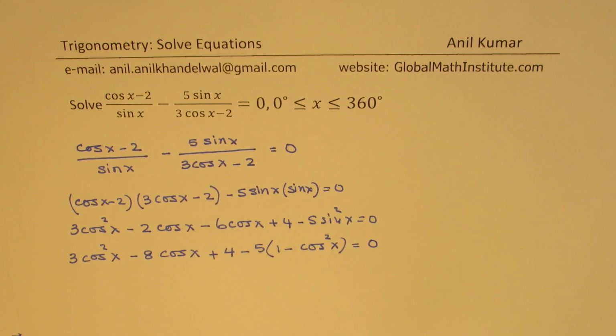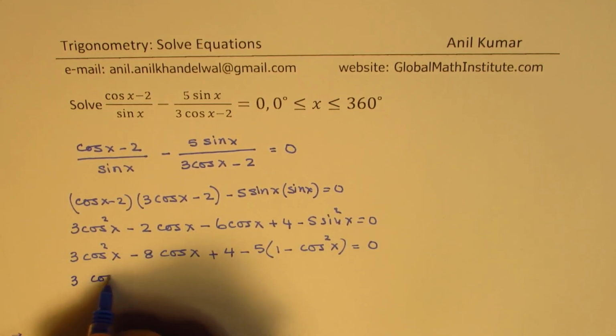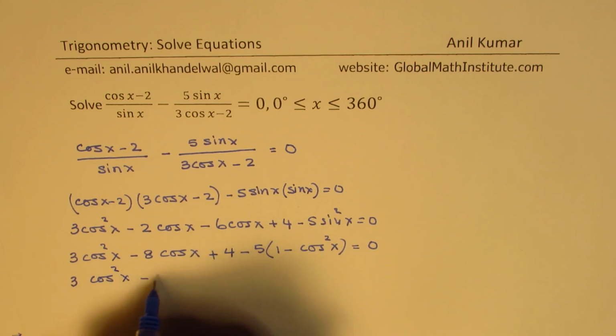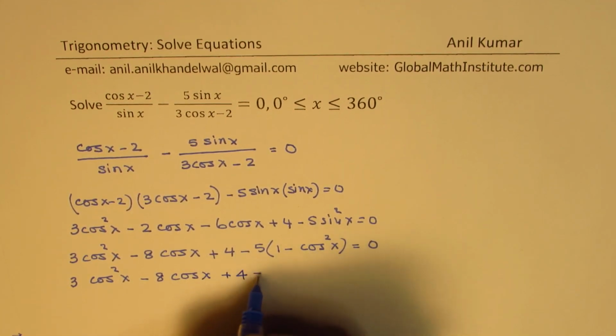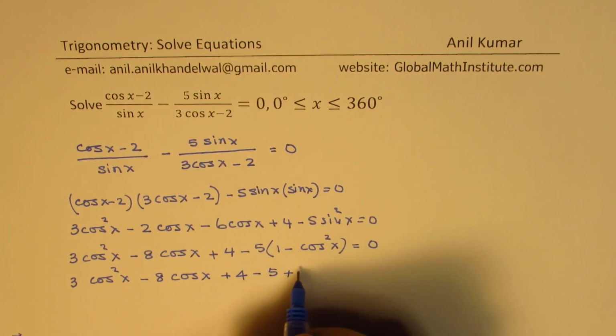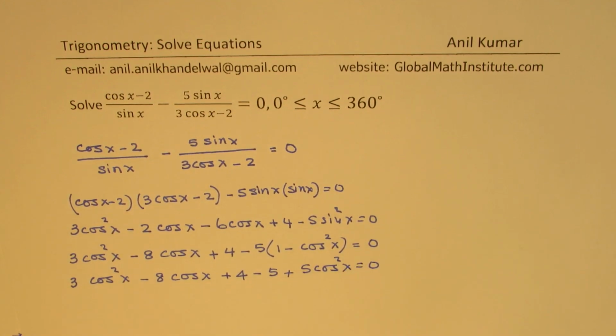Clear? Okay, let's open this bracket. So we get 3 cos square x minus 8 cos x plus 4 minus 5 plus 5 cos square x equals 0. So we can combine these two terms. 5 plus 3 is 8.